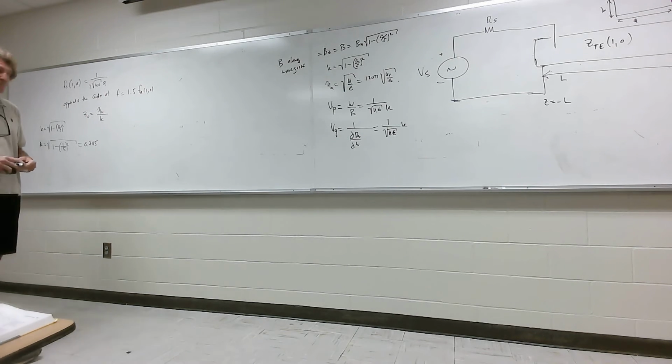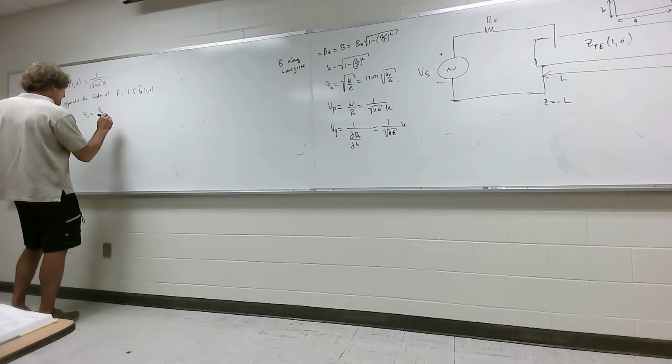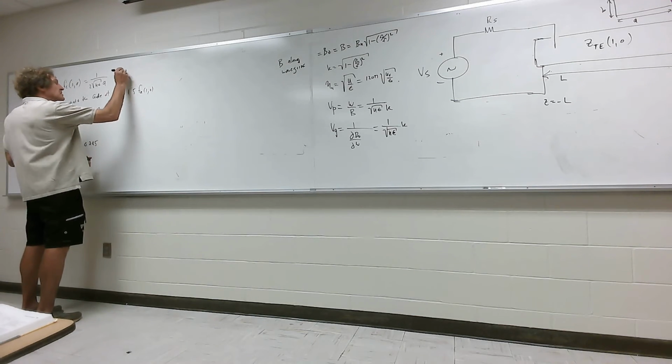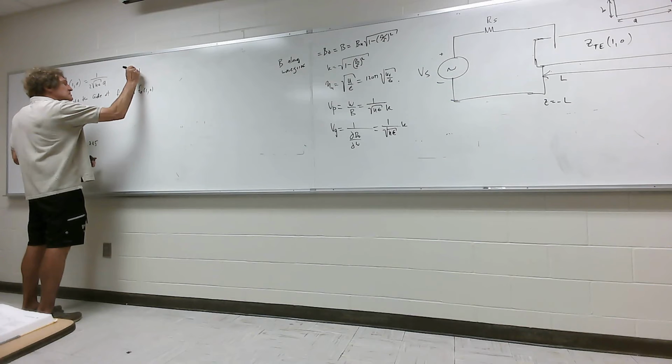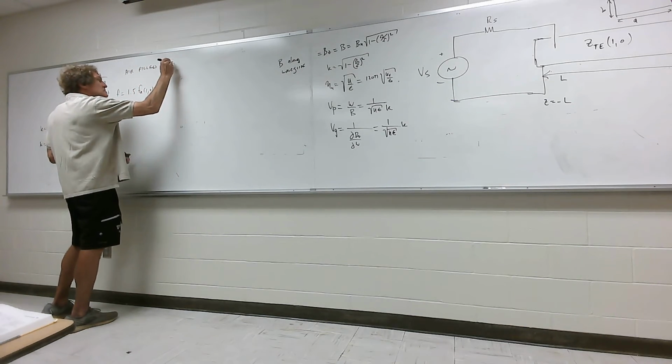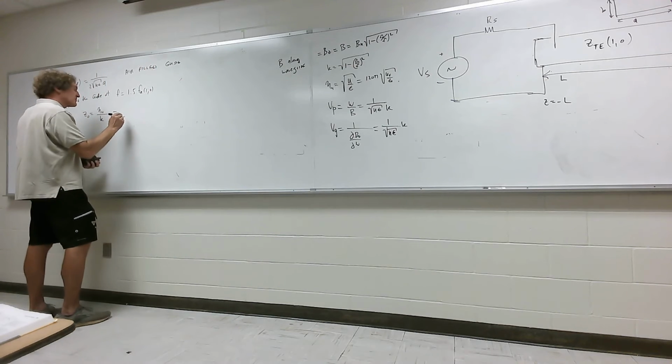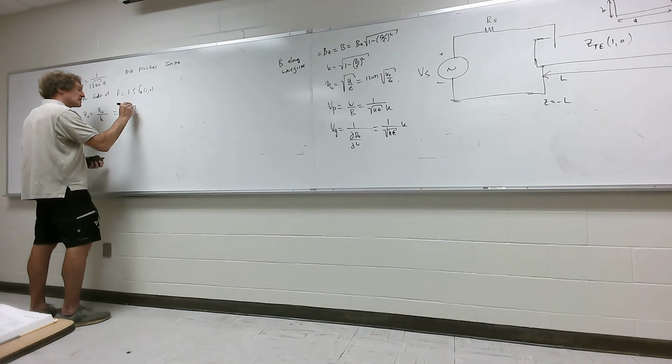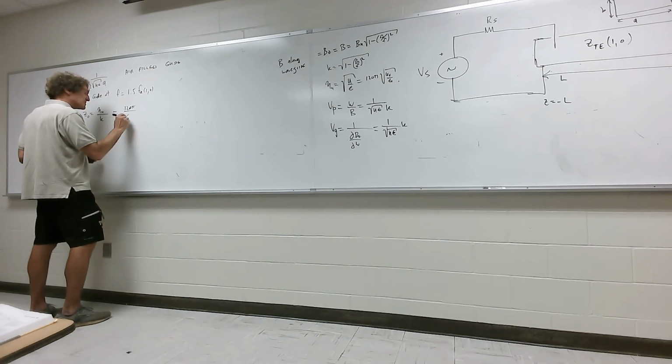So my next step is I'm going to get this impedance, and we'll assume it's an air-filled guide. If it's air-filled, that's 120 pi divided by 0.745.